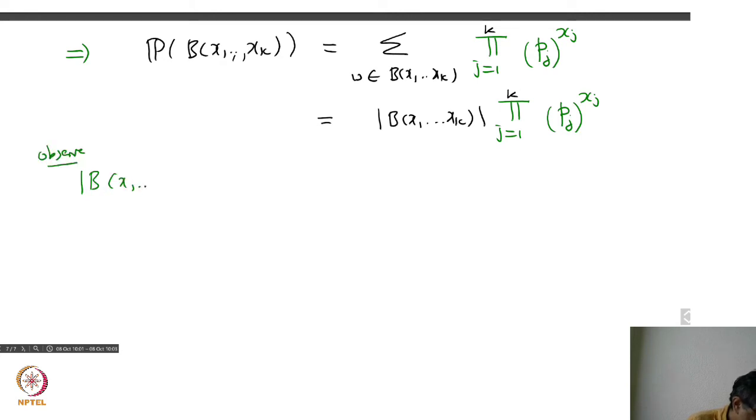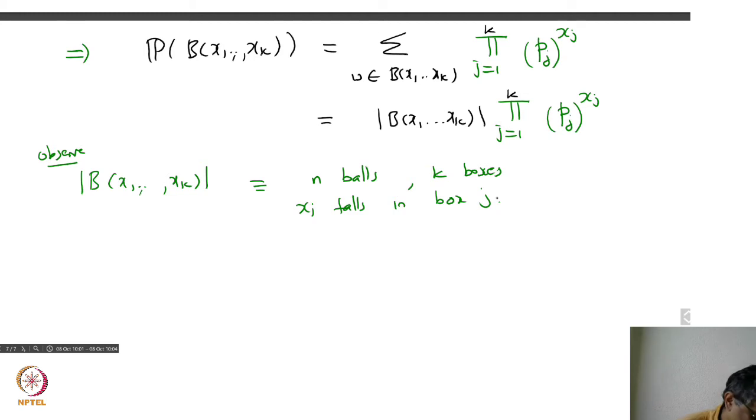that the size of B of x1 through xk is the same as saying you have n balls, you have k boxes, and xj of them fall in box j.